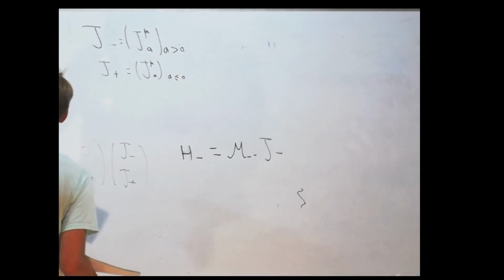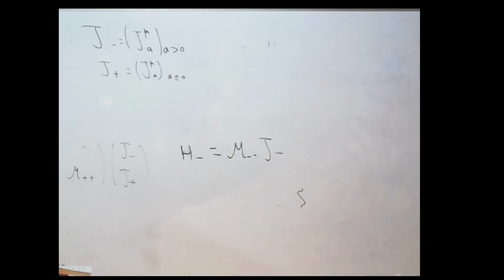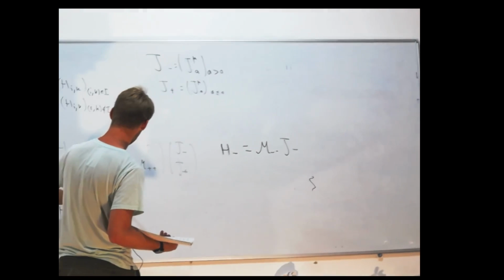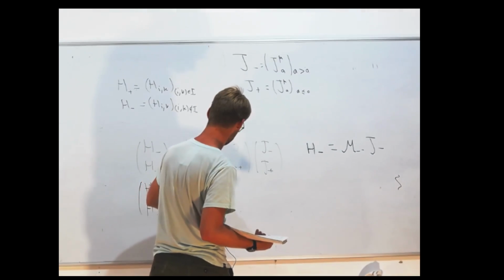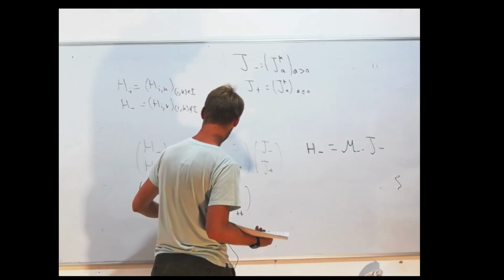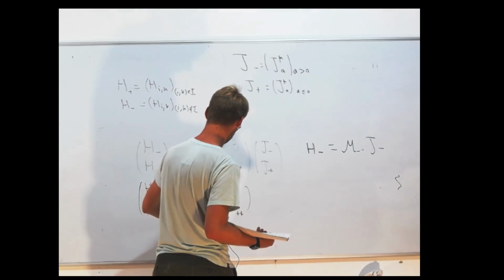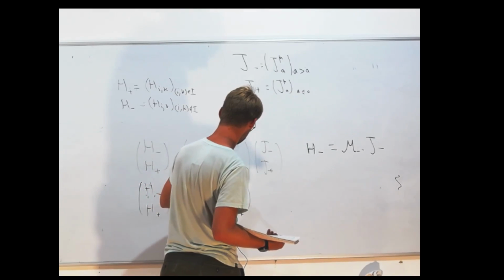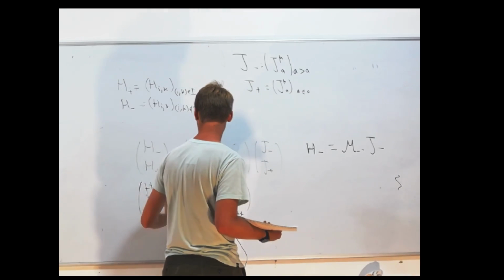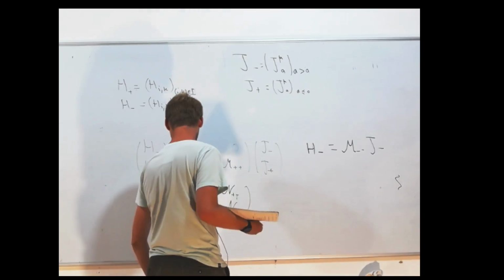We have to write down the inverse of this thing. So let me do that like this. We also have some other matrix, which is called N. Oh, I shouldn't have done it like this. Sorry.